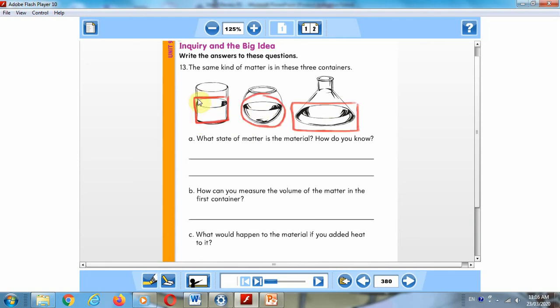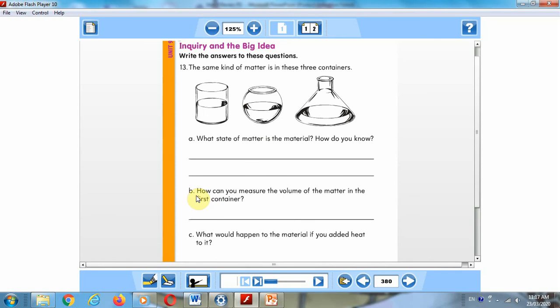By the way, it's the same material, but in each container it has taken the shape of the container. So it's a liquid. How do we know? Because it takes the shape of its container. Gas also takes the shape of its container, but the gas fills all the space in the container.